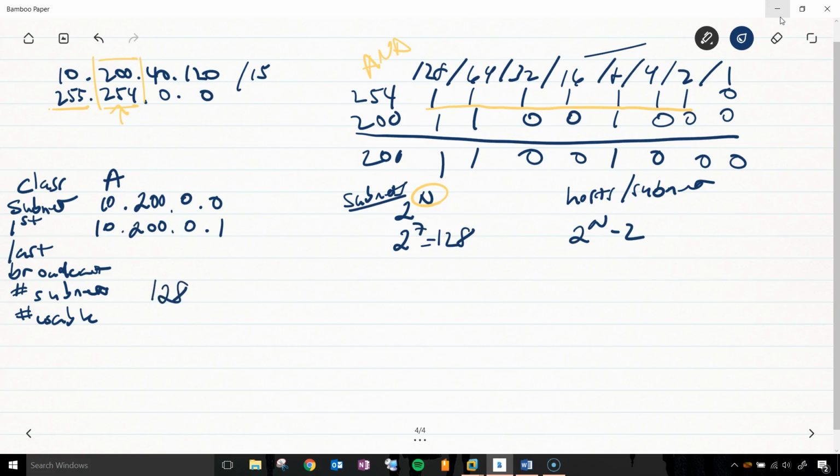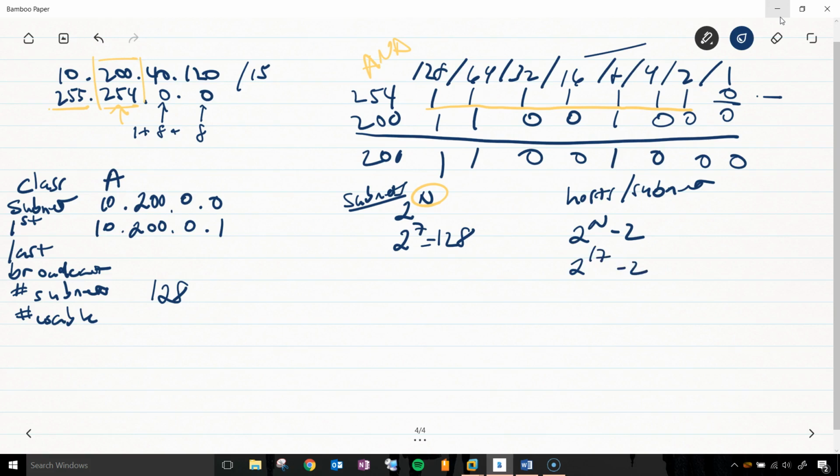Now each one of those subnets has a number of hosts. For the hosts, 2 to the power of n will be this bit here, but also the next entire octet, which has 8 bits, and 8 more. So we have the 1 plus all of the remaining host bits that can each result in a unique number. Right? So 8 and 8 is 16, and 1 is 17. So 2 to the power of 17 minus 2.